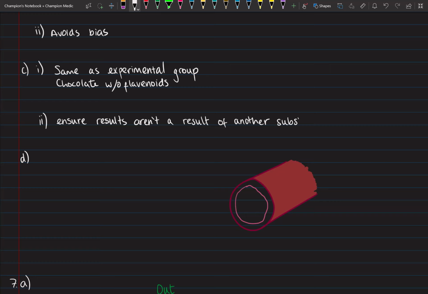You have to mention the word chocolate, or you have to say to ensure that the results are due to the flavonoids only. Unfortunately, that's just due to the way that the mark scheme is written. So if you just say to show results are not due to other factors, that doesn't get you the mark. You have to relate it back to the passage.